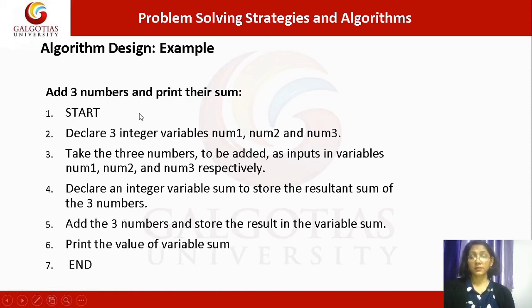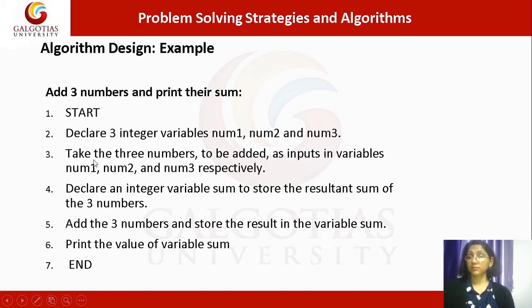Next, here also we are considering the same problem, adding three numbers and printing the sum. So the first statement, as obvious, is start, and the last is end. For adding three numbers we need three values, so we need three variables, which are termed as num1, num2, and num3. The first statement after start is declaring three variables.